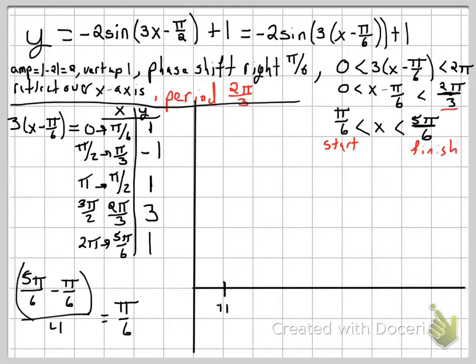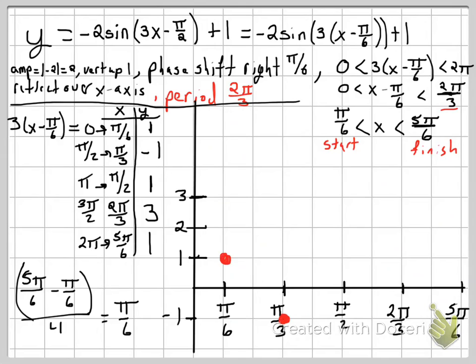Okay, and we will graph this just like we did before, x and y axis, putting in the points that we're plotting on the x-axis. Our amplitude is 2 and our vertical shift is 1, so we need to go at least 2 up from 1, which would be 3, and then down 2 from 1, which would be -1.